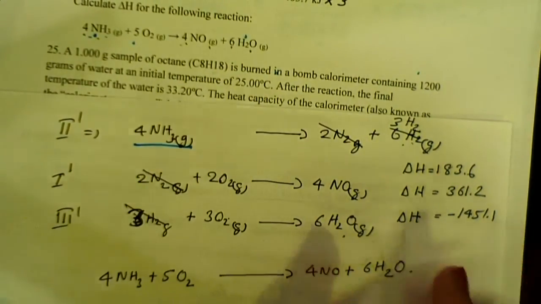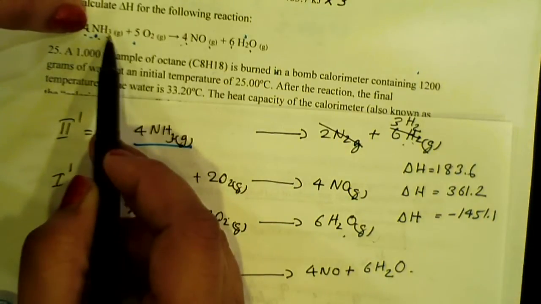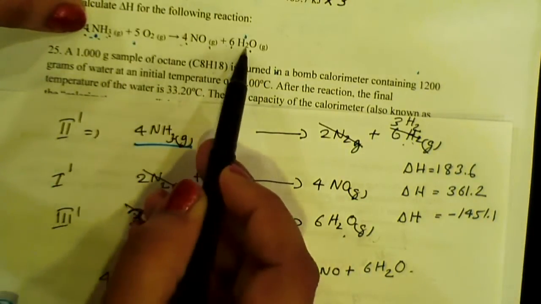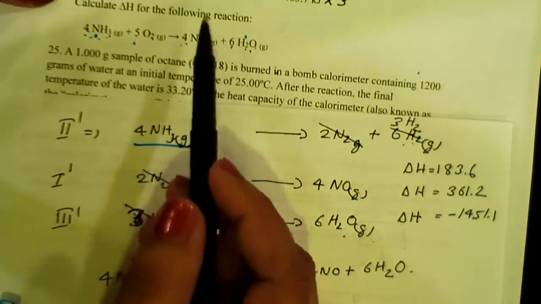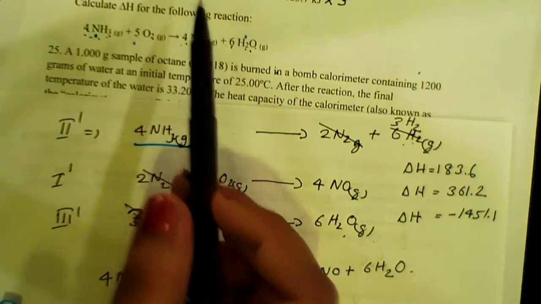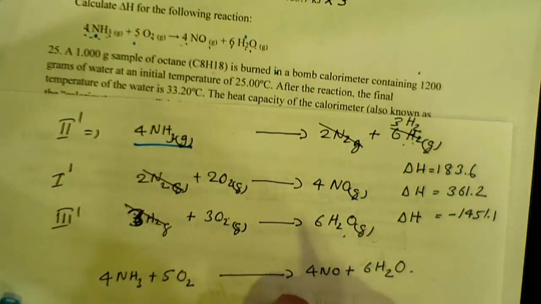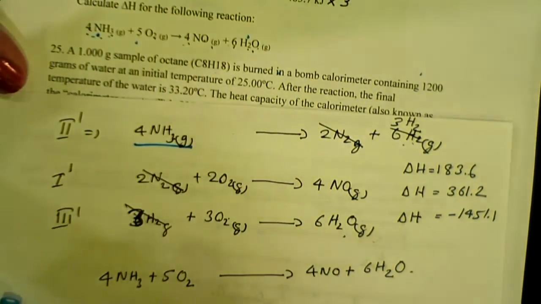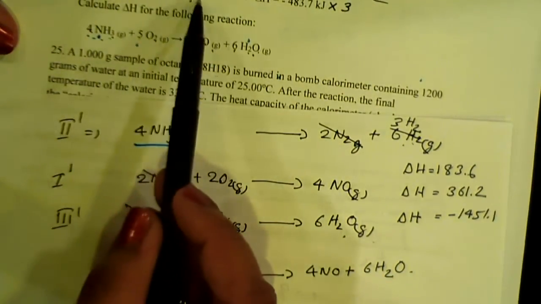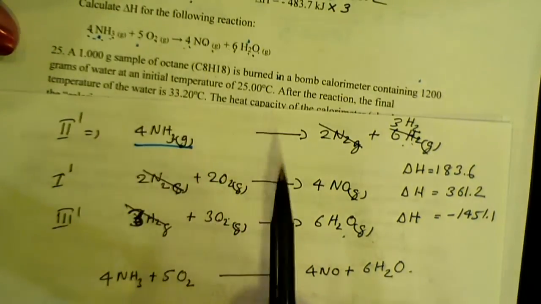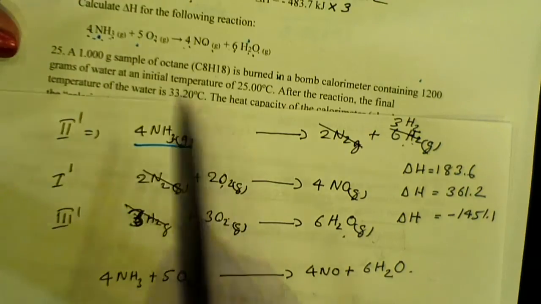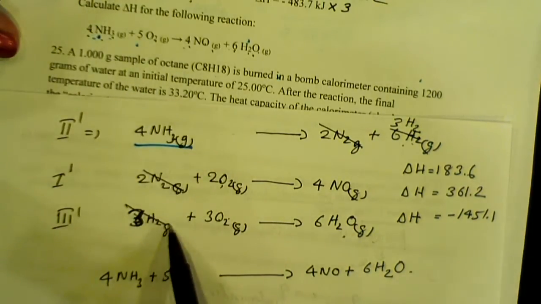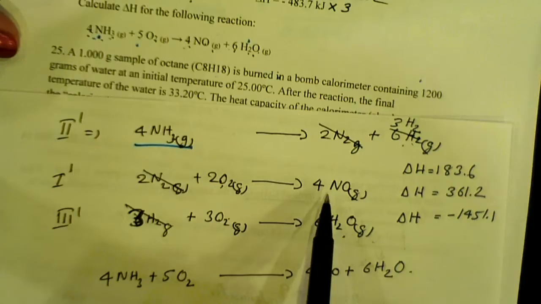So the final equation will be 4NH3 plus 5O2 gives you 4NO plus 6H2O. H2 plus O2 gives... 4 times 3, 12, 12, 10, 4, 6, 10.